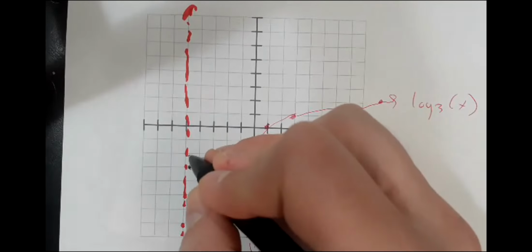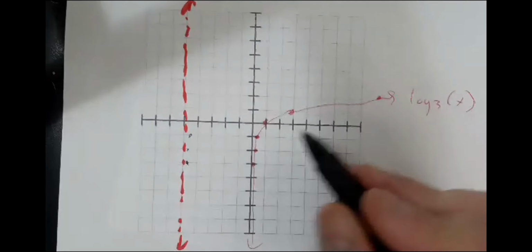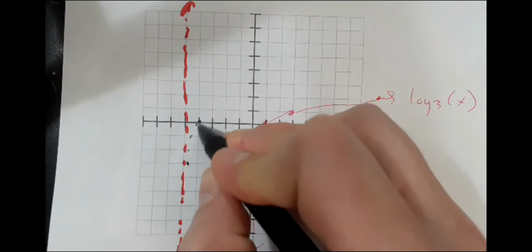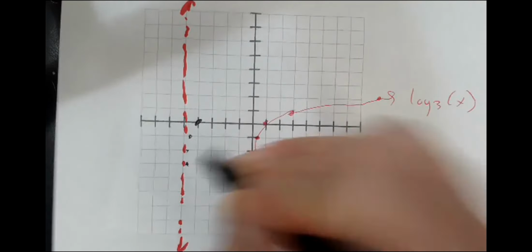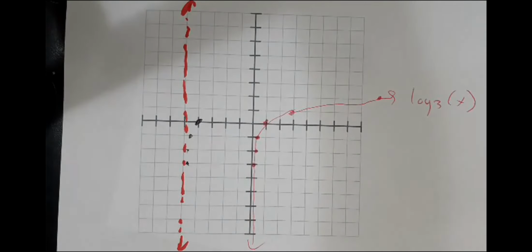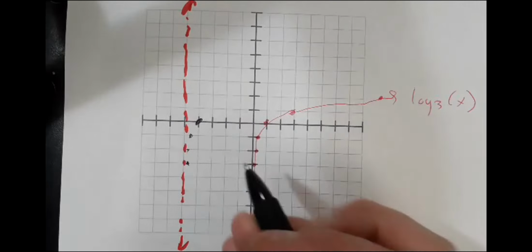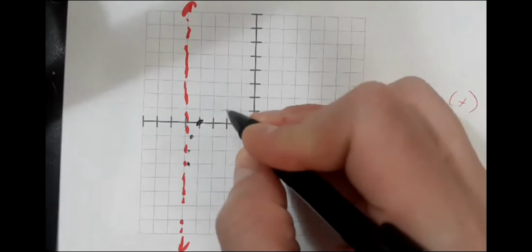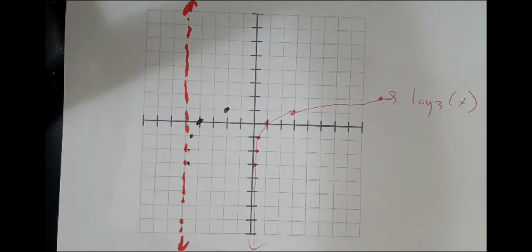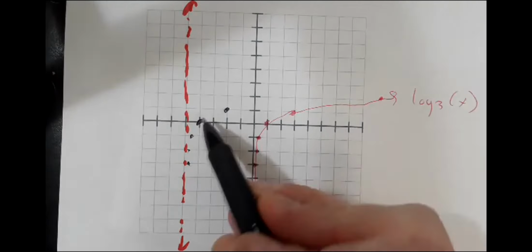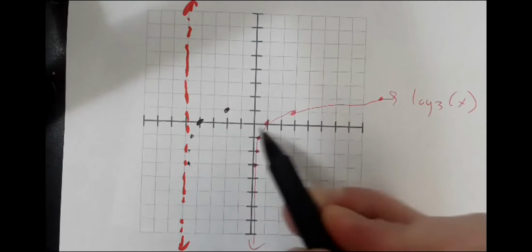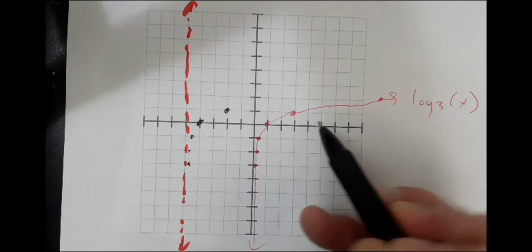Oh, here. So this should be going through -4. And I'm going out, what, 9? 7, 8, 9.